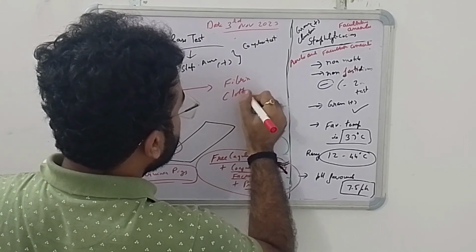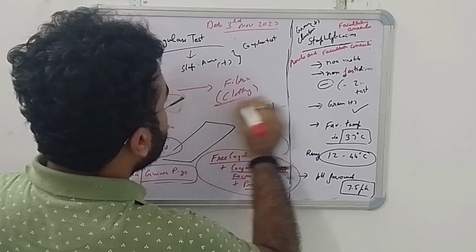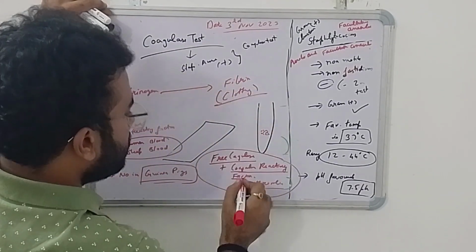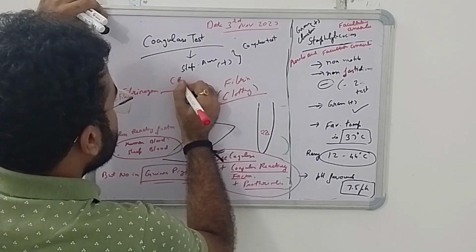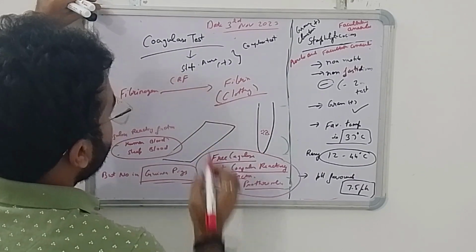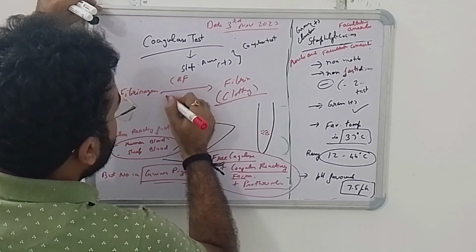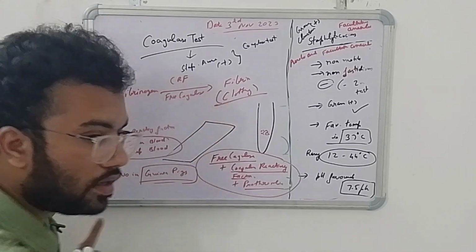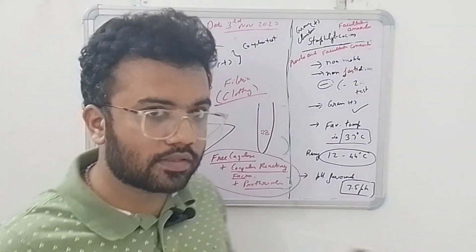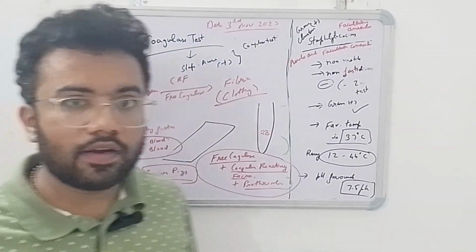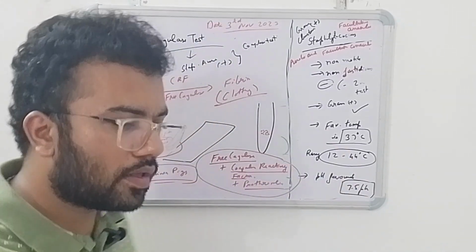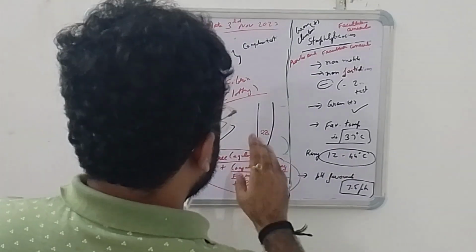Fibrinogen converts to fibrin with the help of CRF, that is the coagulase reacting factor, and free coagulase in a test tube, not in a slide, because in a slide there is a different scenario. In a slide you will not see free coagulase, there will be bound coagulase. I will give you a proper understanding of that after this test.